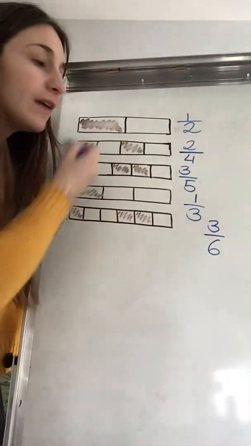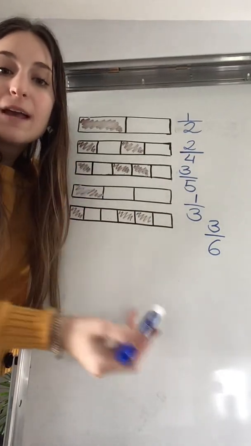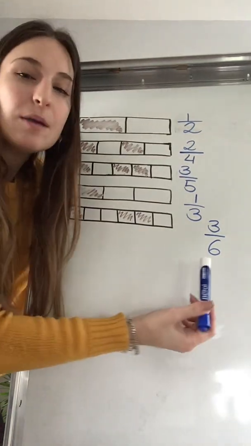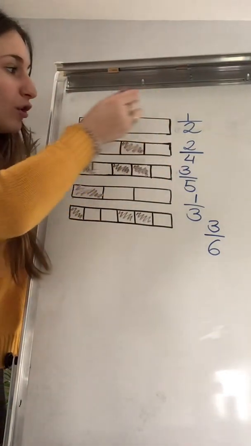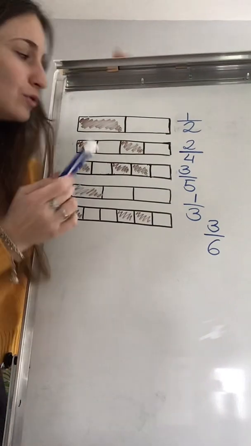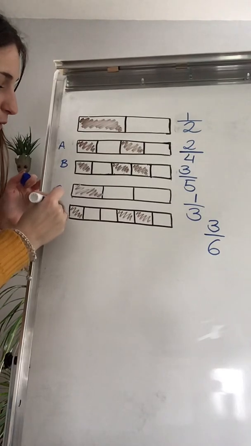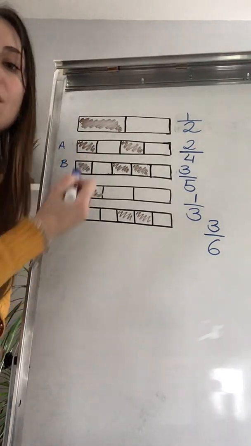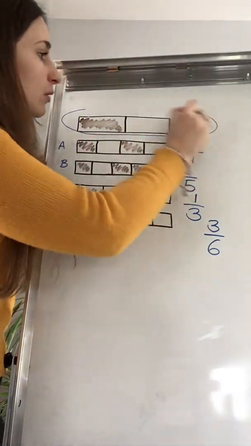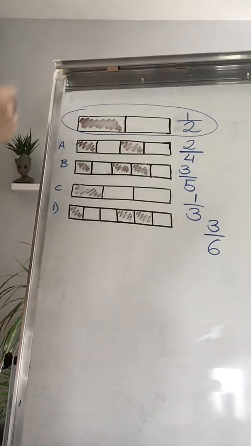I have all these fractions visually. If I will not be giving you the clue of what we've been doing, how we have been seeing if they are equivalent or not by multiplying or dividing, and it is only visual, which of A, B, C, or D will be equivalent to 1/2? Quick, have a go at it, and play it again when you are ready.